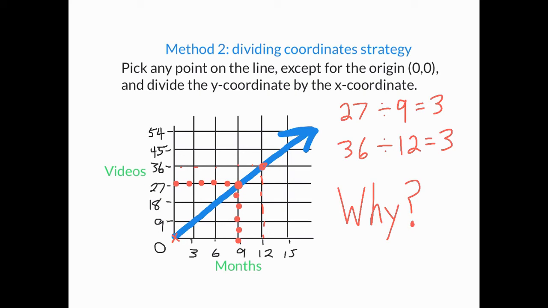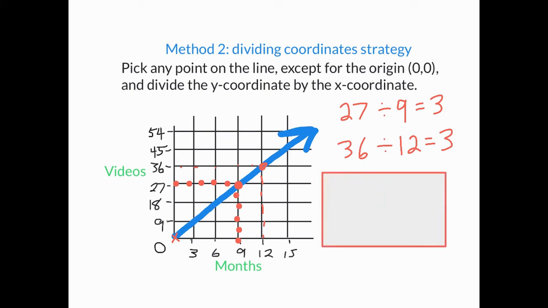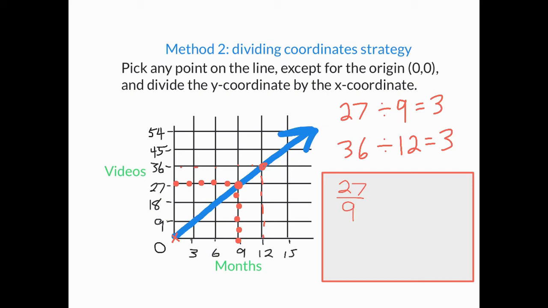Now, if that explanation does not satisfy you, then you could answer this problem by setting up a proportion. So you could, if you wanted to, set up the proportion 27 videos over 9 months equals how many videos in 1 month, because a unit rate is always for every one of something.